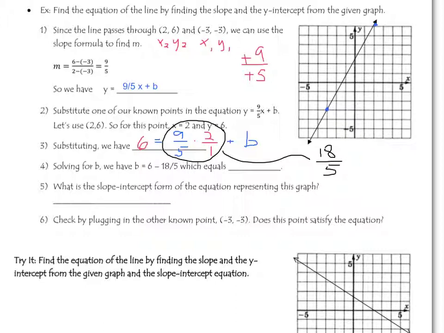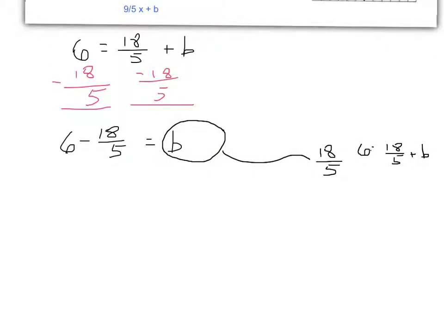So now we have 6 equals 18/5 plus b. So we subtract 18/5 from both sides, and here's what that looks like. We subtract 18/5 from both sides, we get 6 minus 18/5 on the left and b on the right.